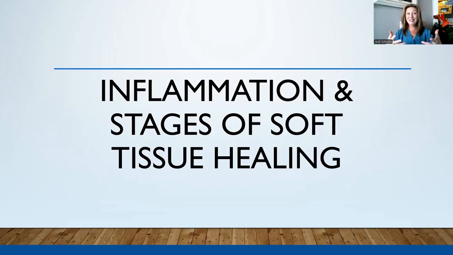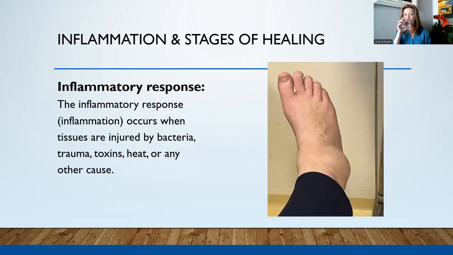On your MBLEx, you may see the answers acute, subacute, chronic, and you're like, oh, that's pain. Take a peek. We're talking about stages of healing and the inflammatory condition. This is an inflammatory response. This is a friend of mine's foot.